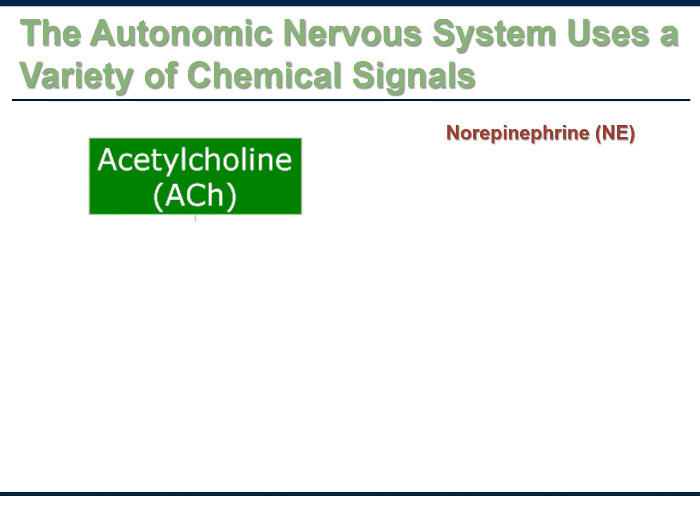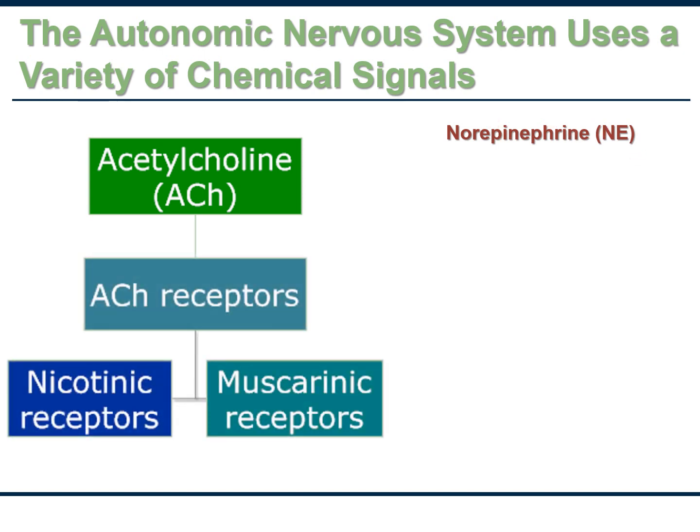We're going to limit it to acetylcholine and norepinephrine. Now, acetylcholine receptors are known as cholinergic receptors. So a neuron that would secrete acetylcholine is called a cholinergic neuron, and a receptor that is gated for acetylcholine is called a cholinergic receptor.